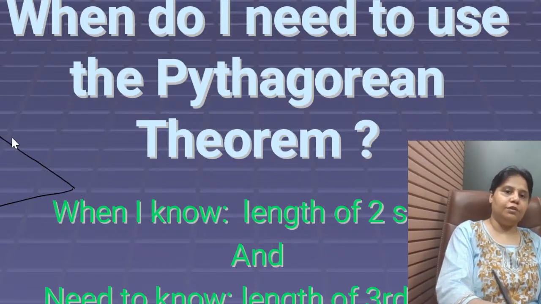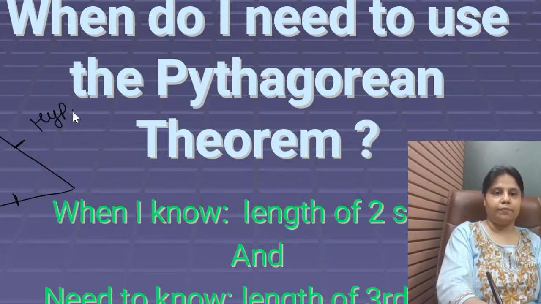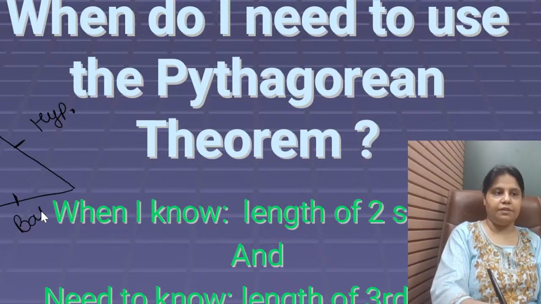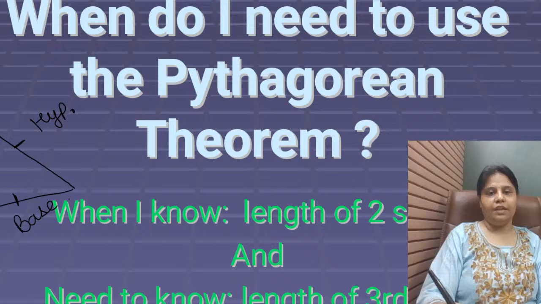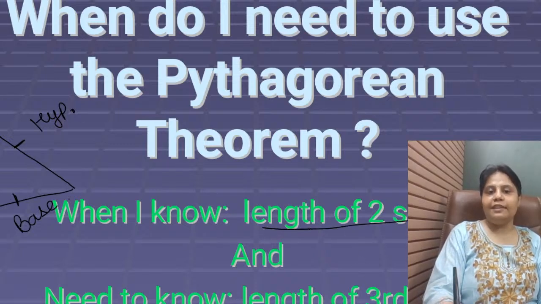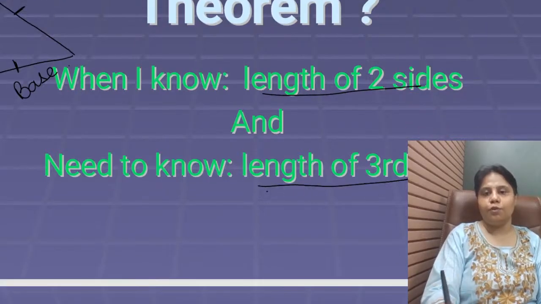These are the 3 sides we will talk about. This side is the hypotenuse, this side is the base, and this side is the perpendicular. When the lengths of 2 sides are given and we need to find the length of the third side, then we will use the Pythagoras theorem.